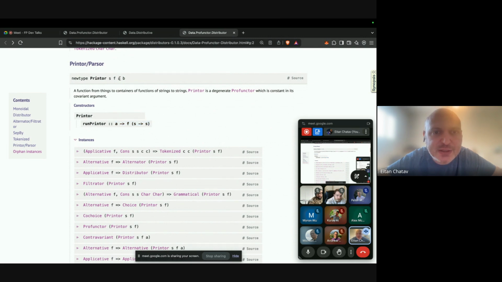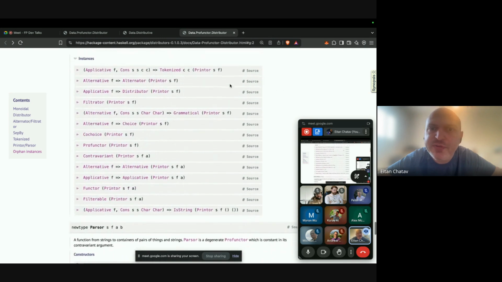And the A appears in contravariant position, right, as the input to the arrow. Okay? So a printer is a function from things to containers of functions of strings to strings. And it's a degenerate profunctor, which is constant in its covariant argument.